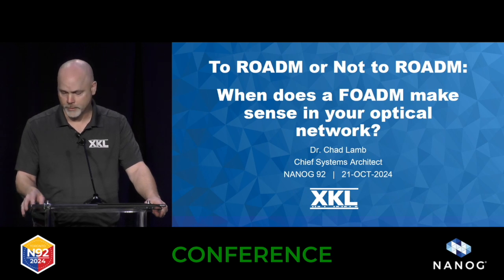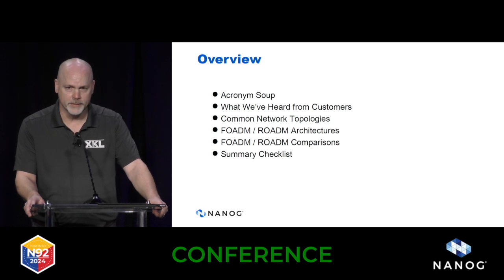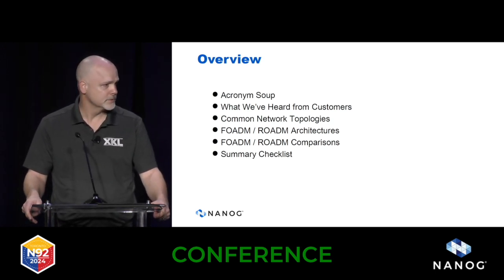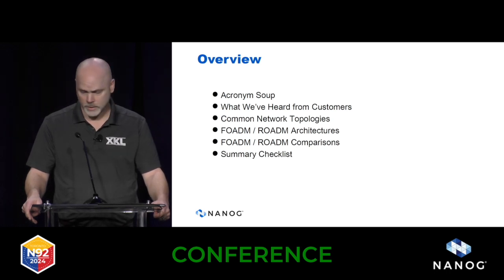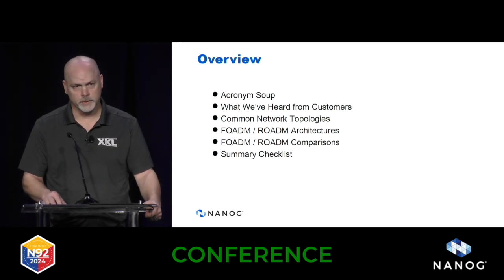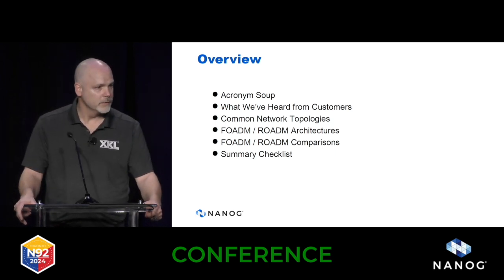Today, we're going to talk about ROADMs and FOADMs. For those of you that aren't familiar with that, we're going to give you a little primer on it. We'll get some acronym soup going. I'm going to skip through that quickly because I've only got 30 minutes to talk to you today. Then we're going to talk about what we hear from customers. After all, it's about the customer. We want to know what their problems are, how they are dealing with them, and how we can help solve them.